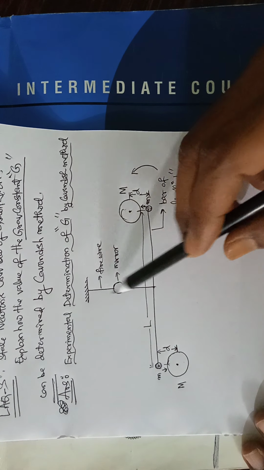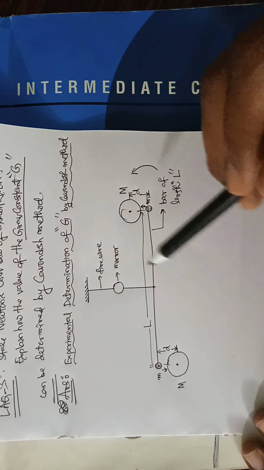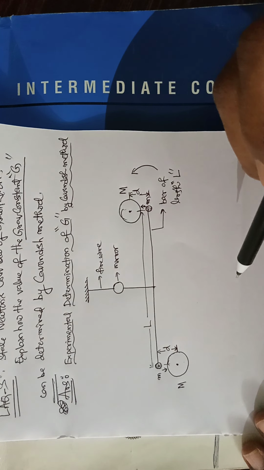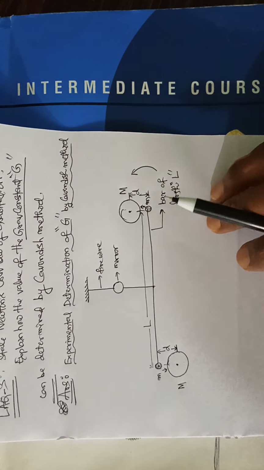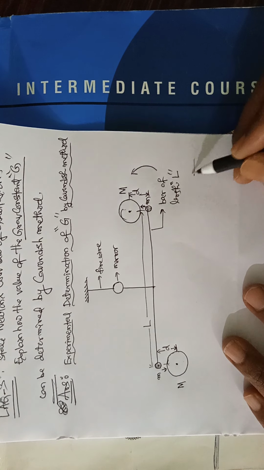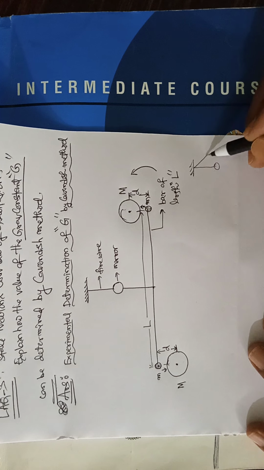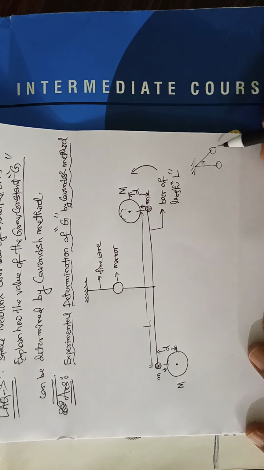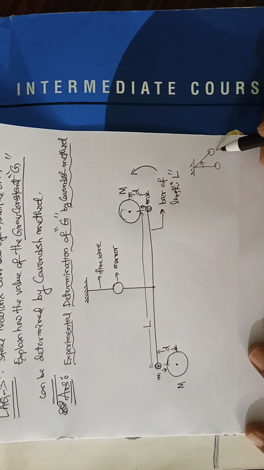When the fine wire gets twisted, immediately it wants to get untwisted, just like a simple pendulum. You take a simple pendulum, move it aside through some angle and leave it. Immediately restoring force brings back the bob to its original position.